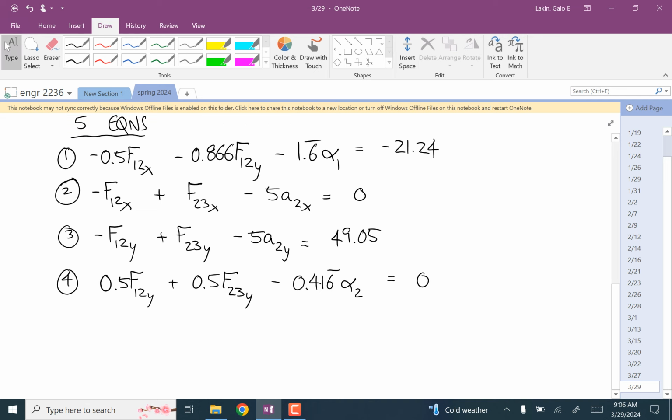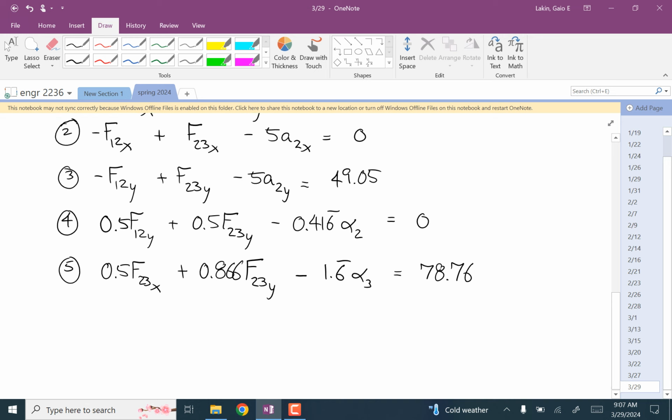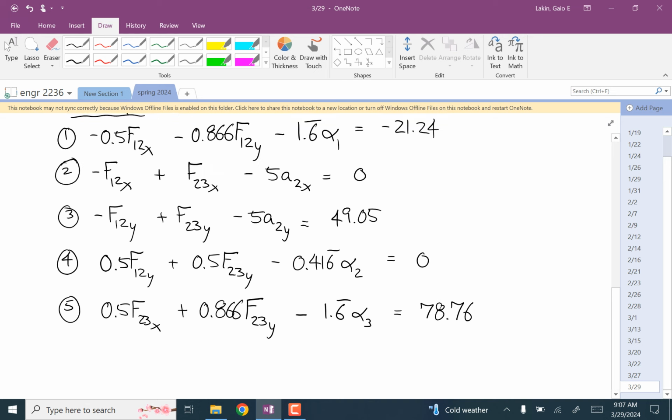And the last one that we have so far from the rigid body analyses is 0.5 F23x plus 0.866 F23y minus 1.6 repeating alpha 3 is equal to 78.76. Okay, and how many variables do we have?